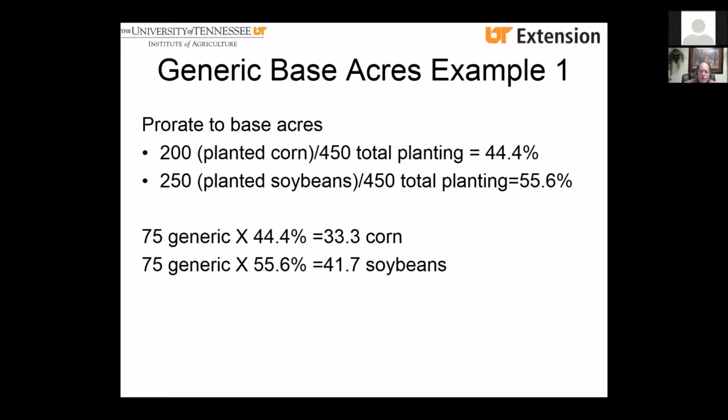And then if we take our 250 acres of soybeans planted, divided by 450, that's equal to 55.6%. So we multiply those percentages times our generic base of 75 acres, and we come up with a 33.3 acre corn generic base attributed to corn, and a 41.7 acre soybean base attributed to the beans.